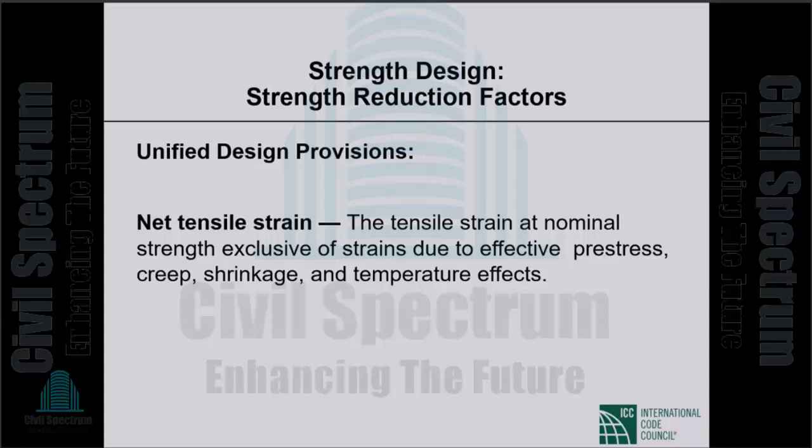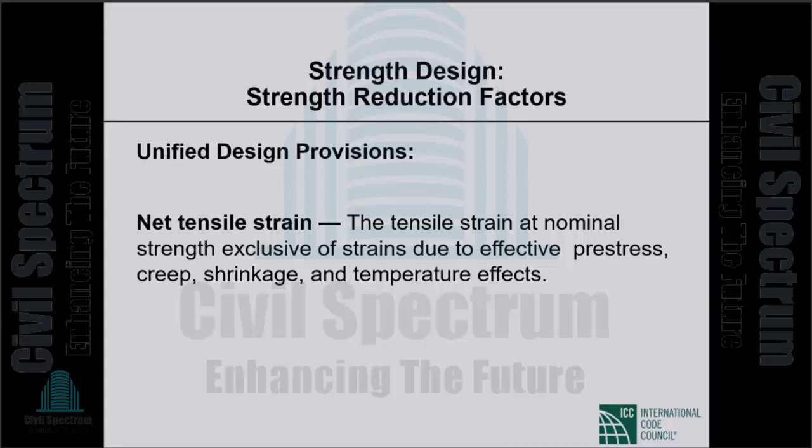Every bit of what I'm saying now is extremely important for you to understand. ACI 318 has only one definition of nominal strength. A section is considered to have attained its nominal strength when the extreme compression fiber concrete strain reaches a value of 0.003.